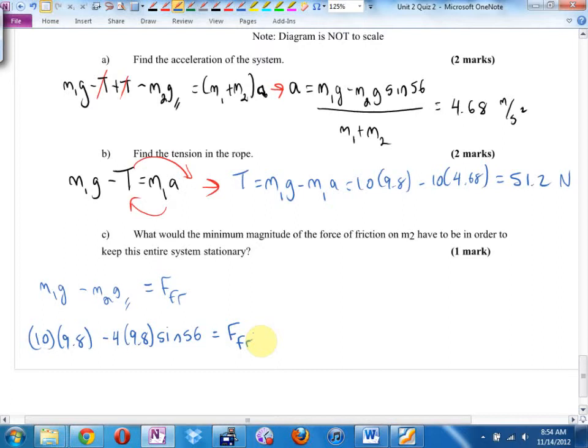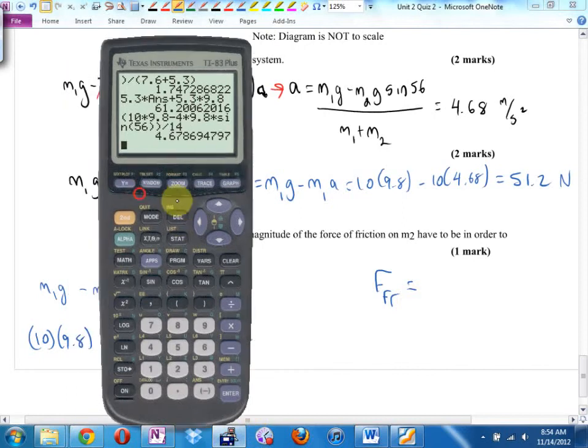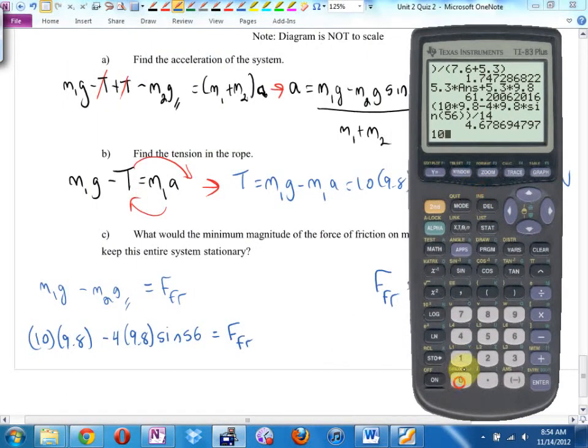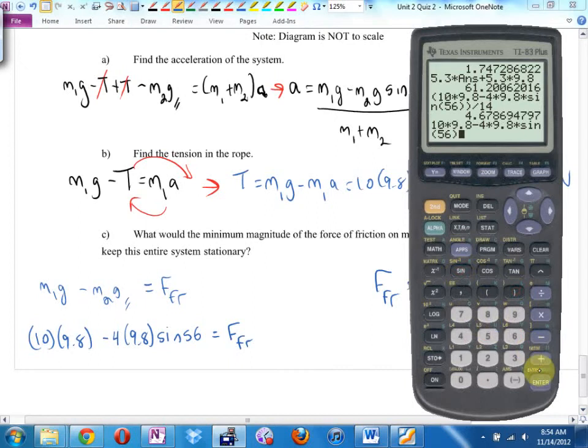That equals friction. And we're going to get, Zach is pumping his fist in triumph, .5 newtons.